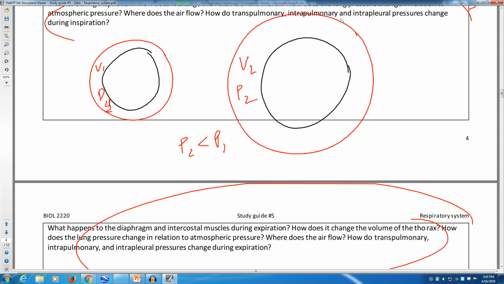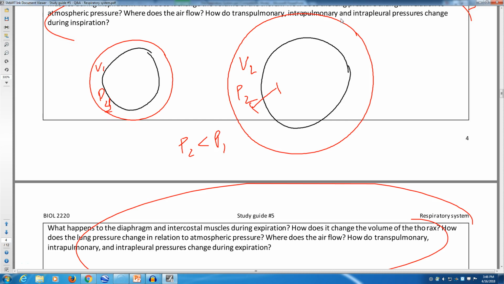Now, at this moment, transpulmonary pressure, the difference between intrapulmonary and intrapleural, is what? That difference is greatest. Does that make sense?